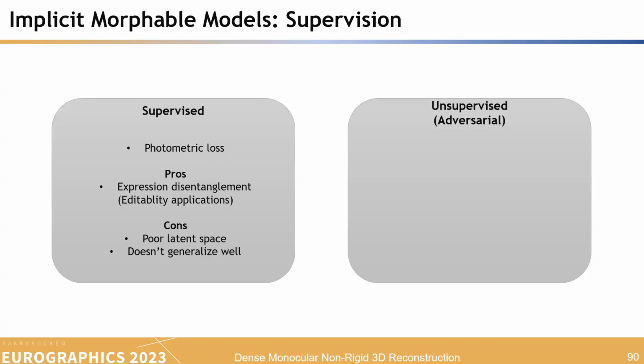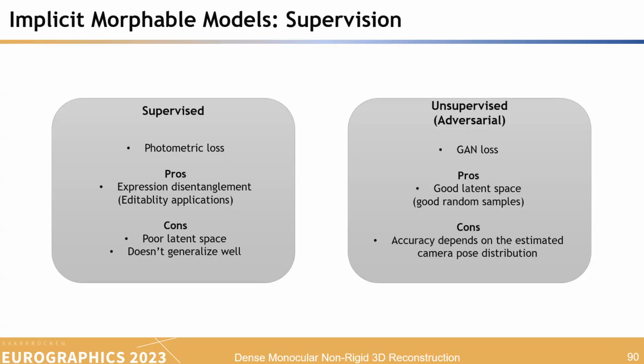The disadvantage is that they tend to have a poor latent space and don't generalize that well. On the other hand, we have methods that rely on purely adversarial training, where they just learn from 2D data. These tend to show good generative capability, and the quality of these models depends on the camera pose distribution assumed to train these models.